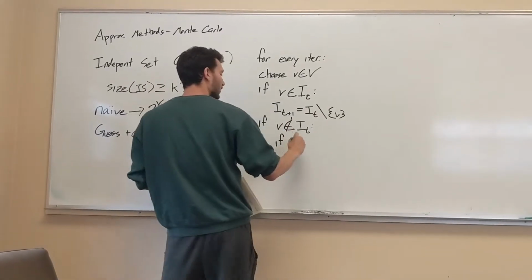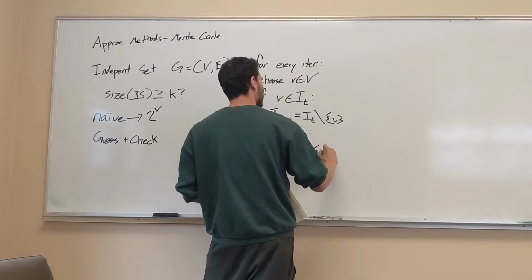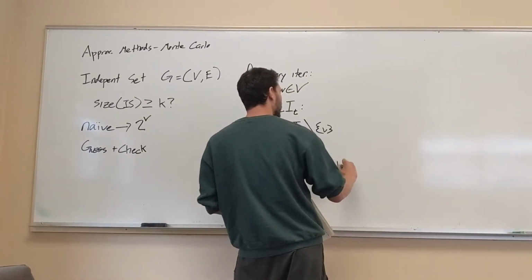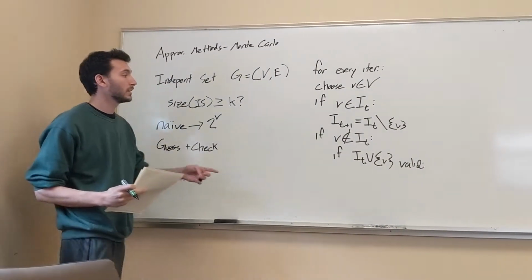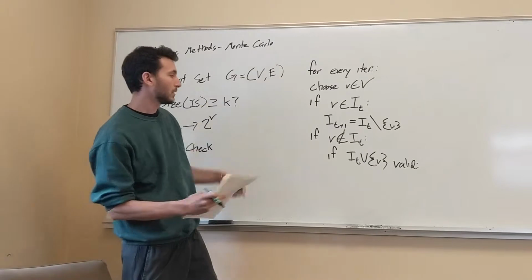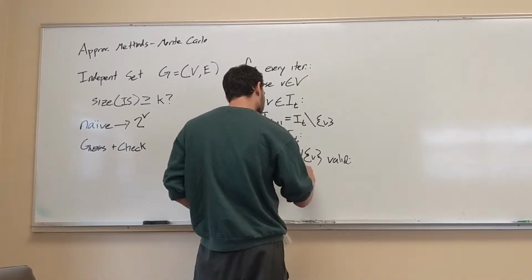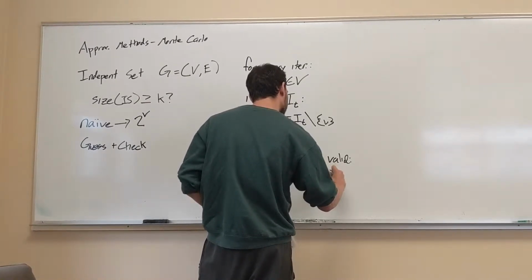If the union of our current independent set and that vertex v is valid, meaning it does not add an edge that is in E, then our new independent set at time t plus 1 is simply that union.